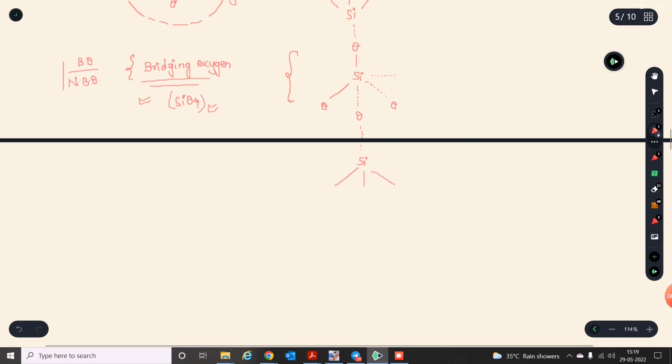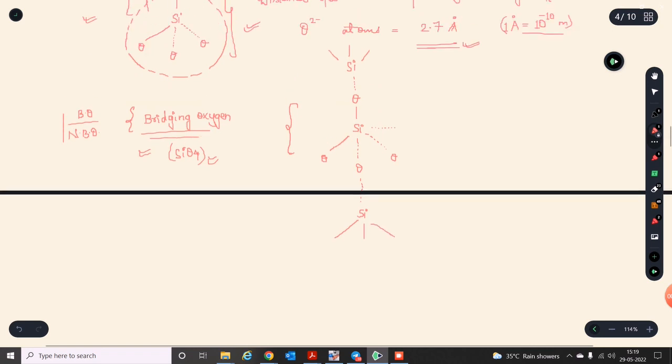This is bridging, meaning total shared oxygens. I am drawing this for cyclosilicates, for ring silicates. For ring silicates, you have 2 oxygens that are shared. The first one is, suppose, this one; any kind of structure is possible. And the second one is this one, for example. So 2 oxygens are shared in cyclosilicates.